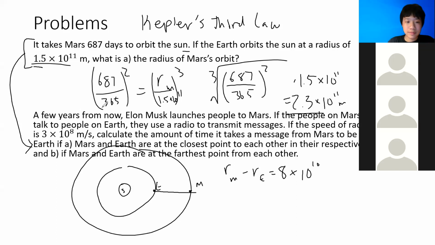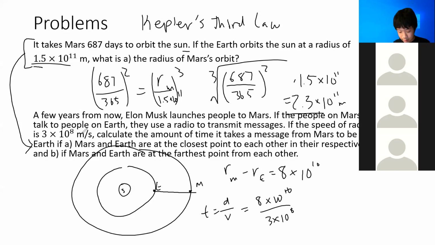All right. So now time equals distance over velocity. So basically the amount of time it takes for this radio message to get from Mars to Earth when they're closest together is 8 times 10 to the 10th over 3 times 10 to the 8th.